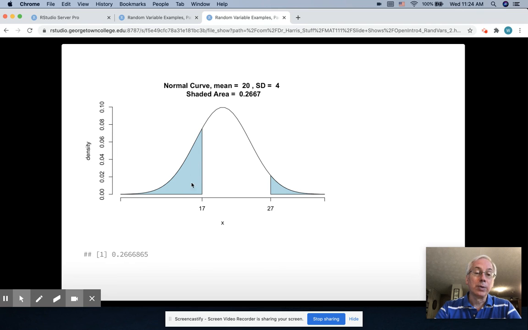And so here's the region below 17, here's the region above 27. And so they're both shaded in. The combined area is about 0.267, about a 26 to 27% chance of this happening. So we've got four options here: above, below, between, and outside.